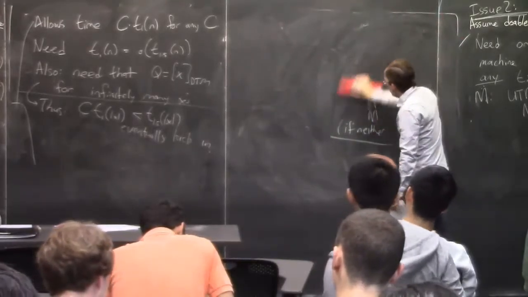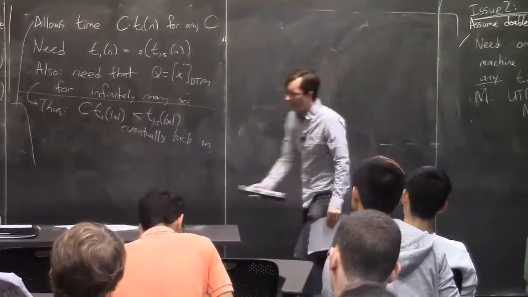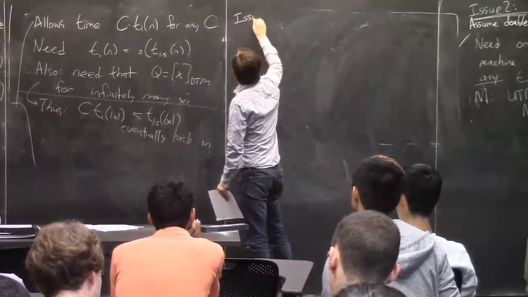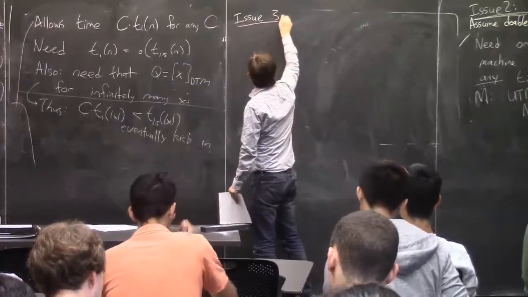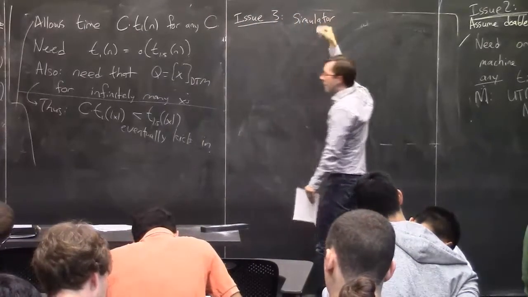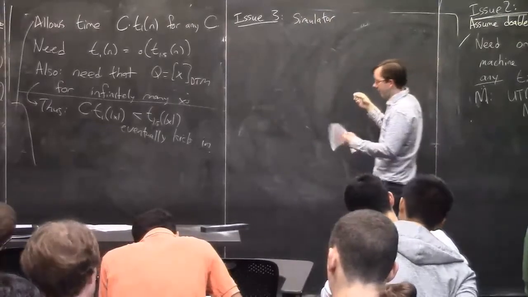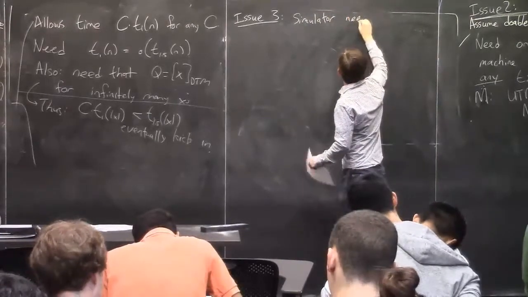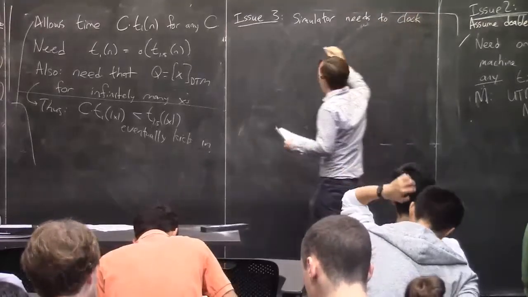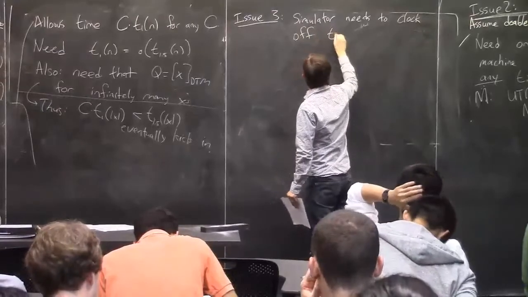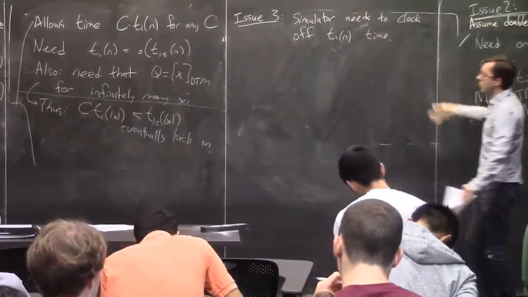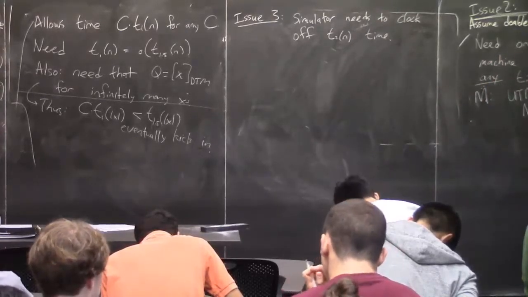There's one more issue, which you probably recall if you ever studied this proof. It's the most annoying issue. The simulator basically needs to be able to count how many steps it's doing. So it needs to be able to clock off t2 of n time. In other words, the simulator eventually is going to time itself and go for t2 of n steps.